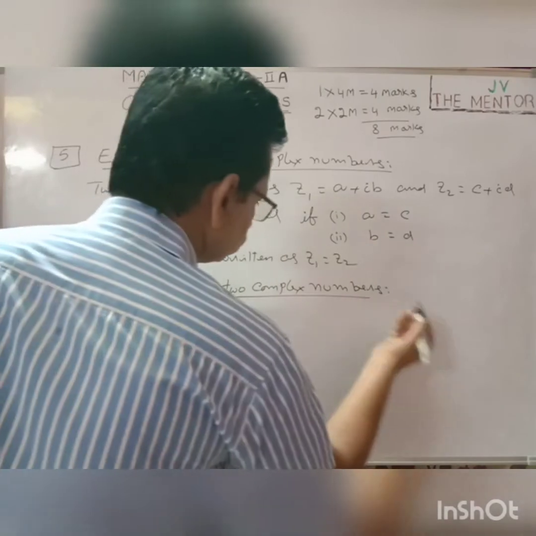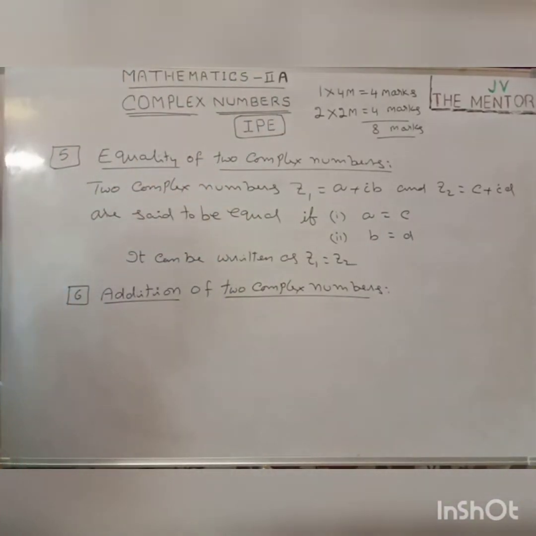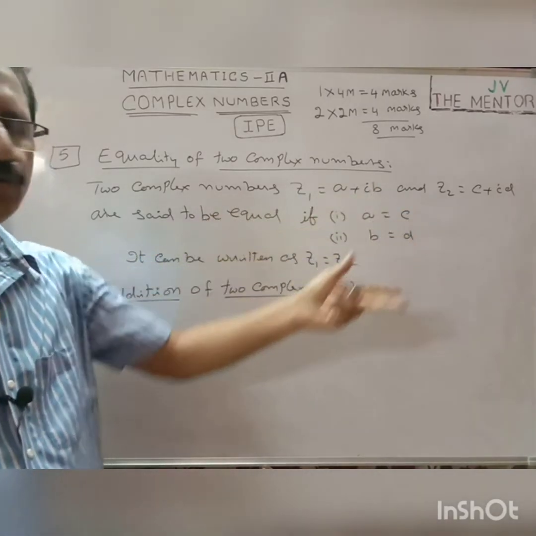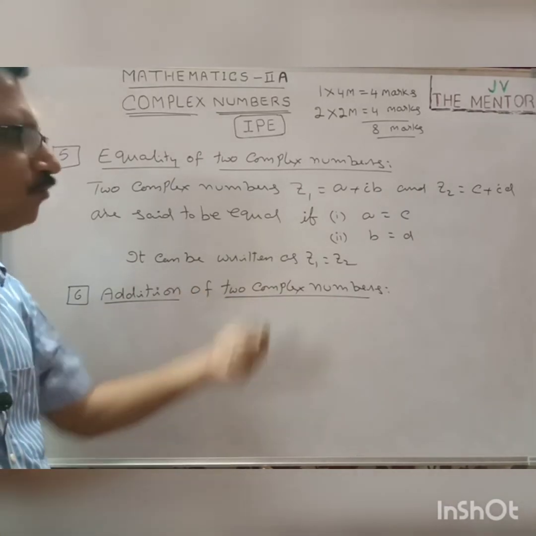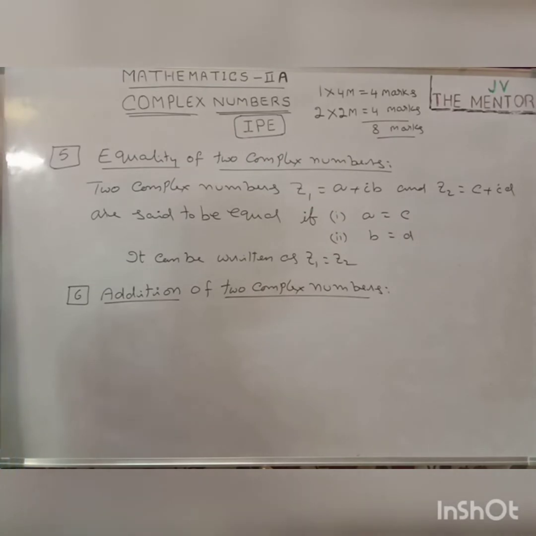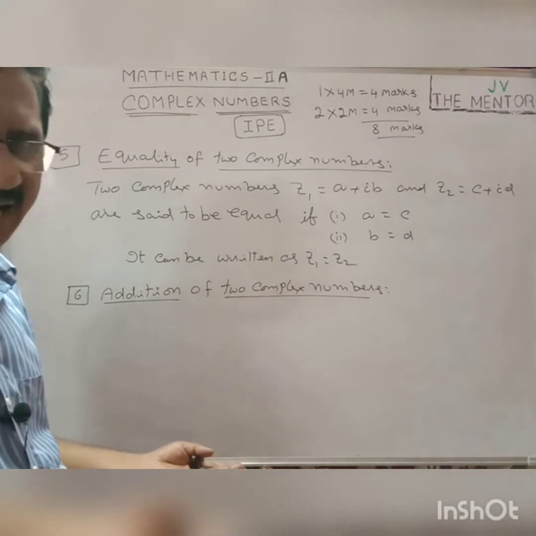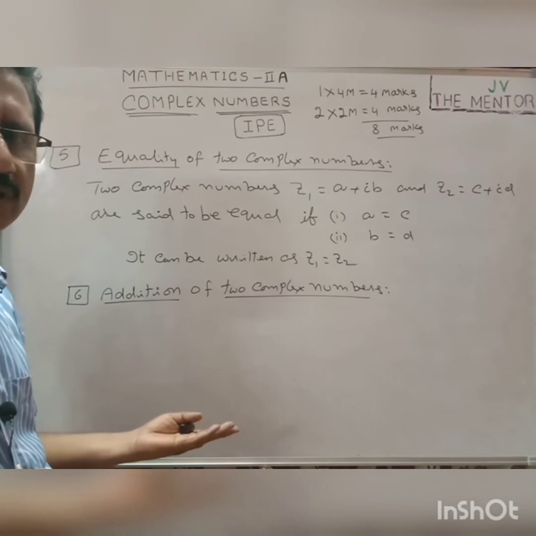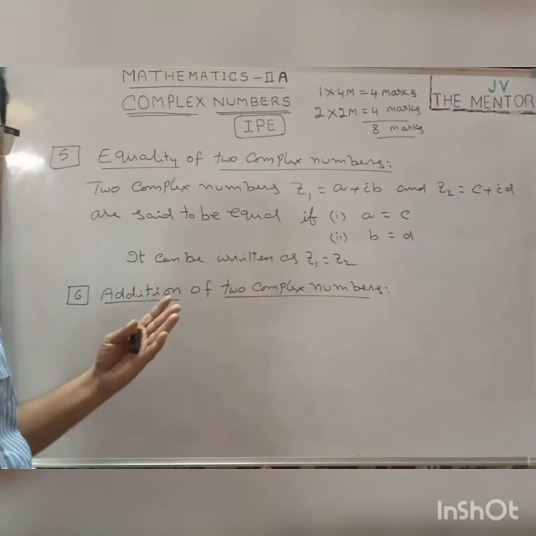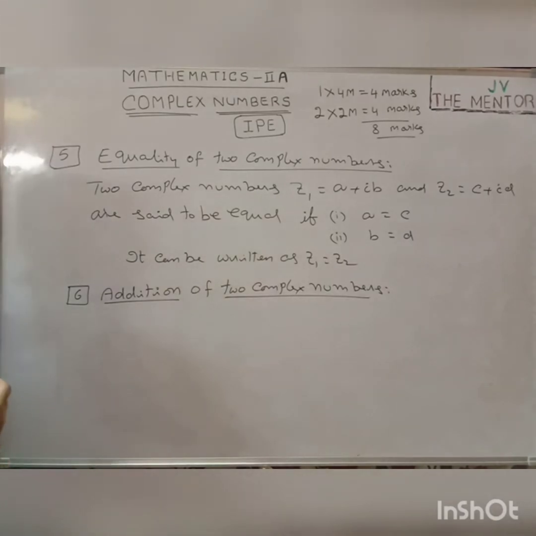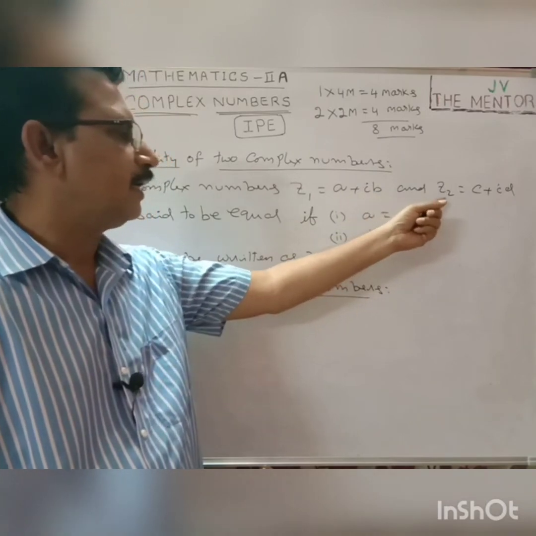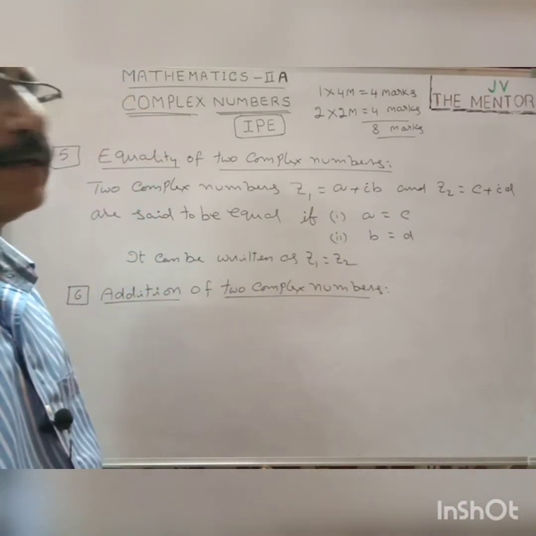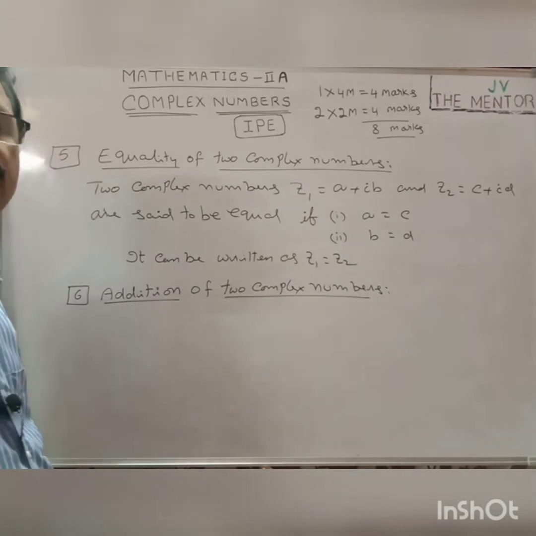If z1 equals a plus ib and z2 equals c plus id are two complex numbers, the addition of these two complex numbers is denoted by the addition symbol, which is plus. So the addition of two complex numbers z1 equals a plus ib and z2 equals c plus id is denoted by z1 plus z2.